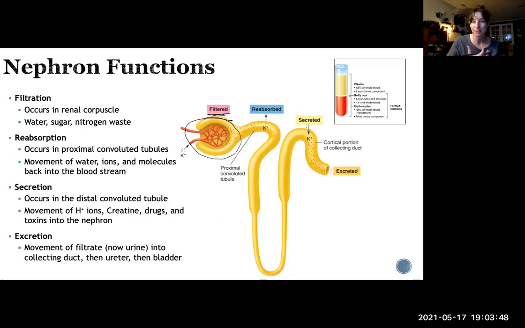You're pulling the plasma out of the glomerulus, which that blood is coming from the afferent arteriole and will leave via the efferent arteriole. Okay, remember afferent comes first, efferent, think E as an exit.